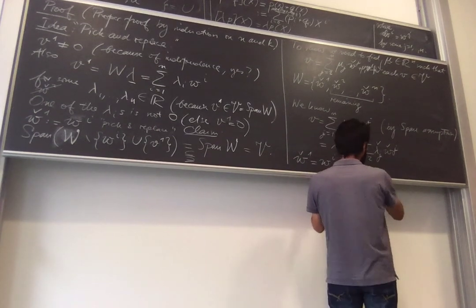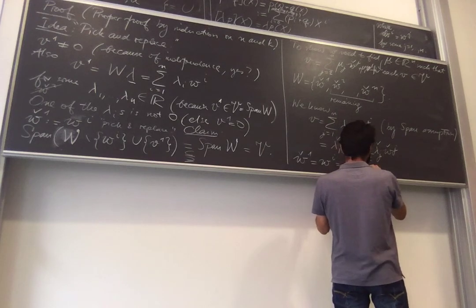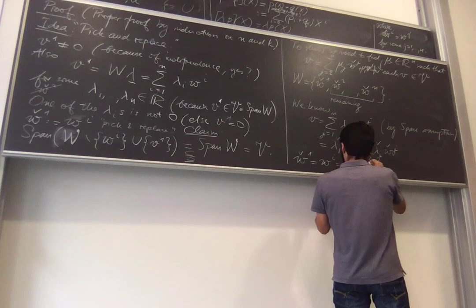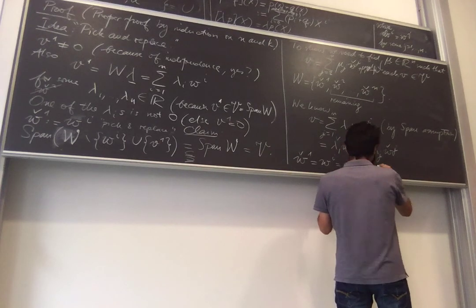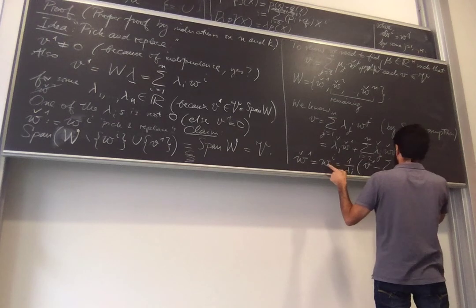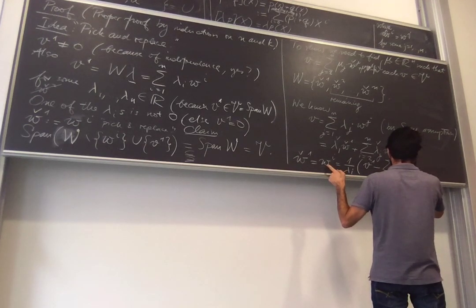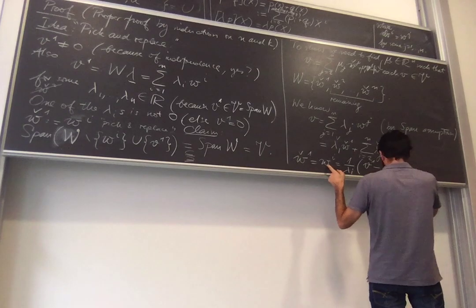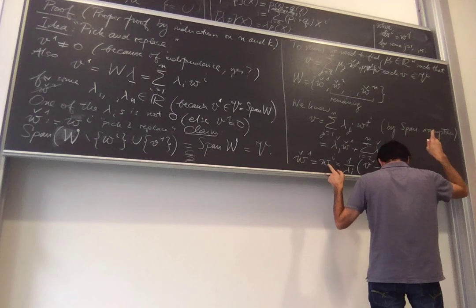And I can take all the W's with their coefficients, lambda j, lambda k, no, k is not allowed because I'm using it. So i, j, k, l.